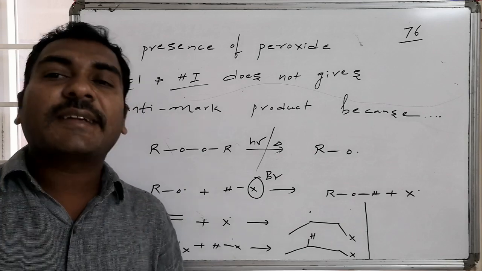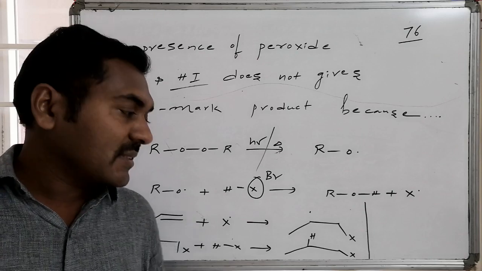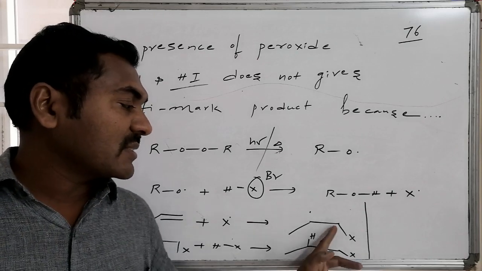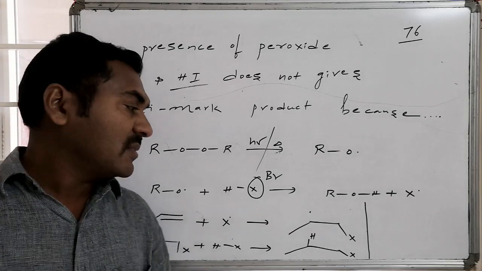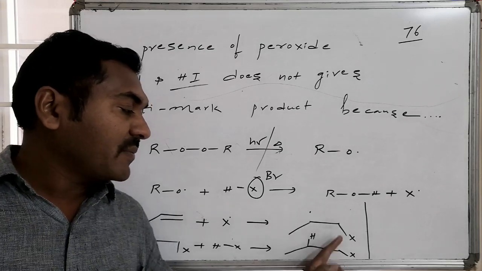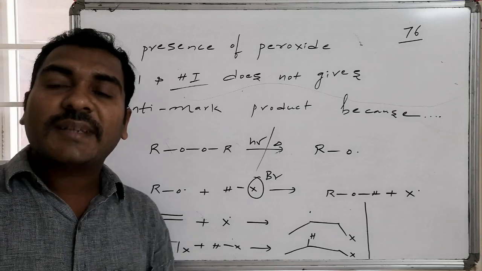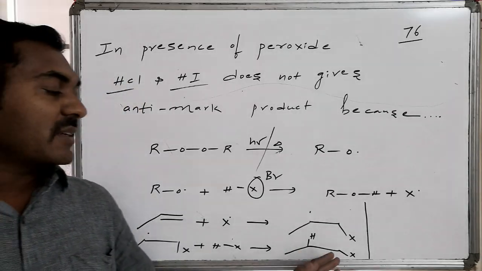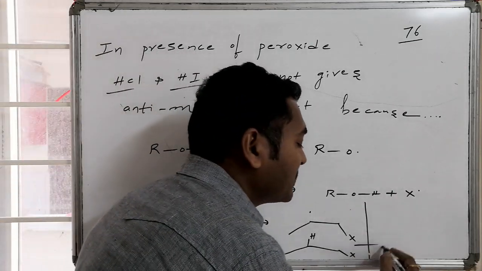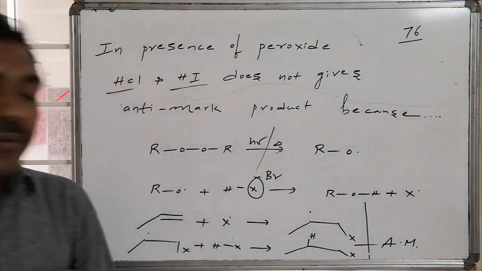Technically, the delta G of the process is the sum of the delta Gs involved in step 1 followed by step 2. In case of HBr addition, the sum of the delta Gs of these two becomes negative, hence it becomes spontaneous. Such product formation takes place. This product is the anti-Markovnikov product.